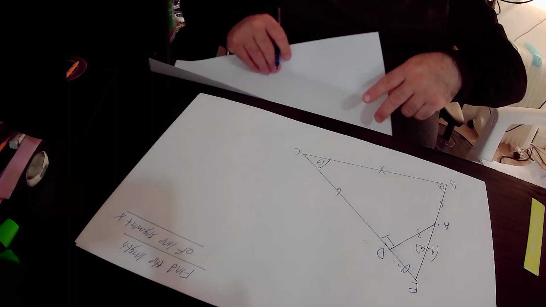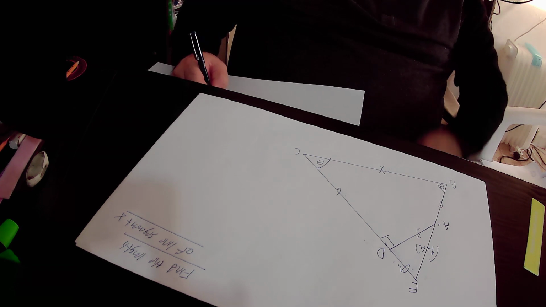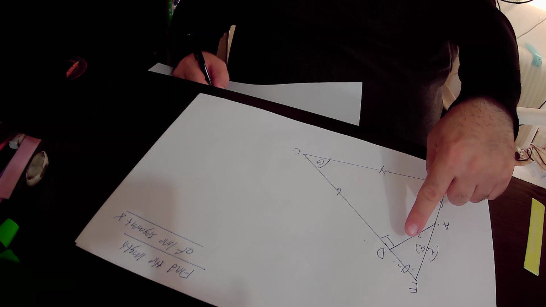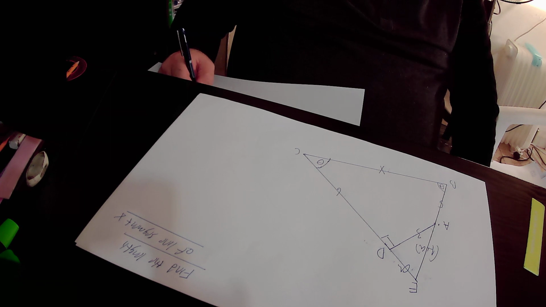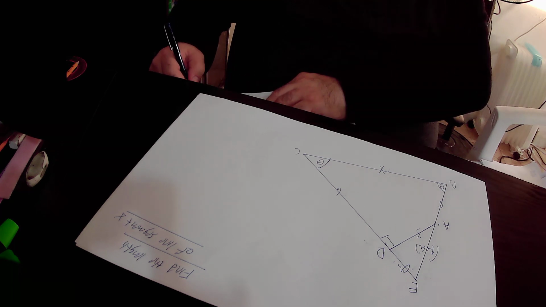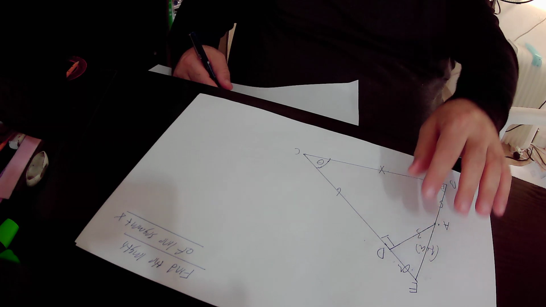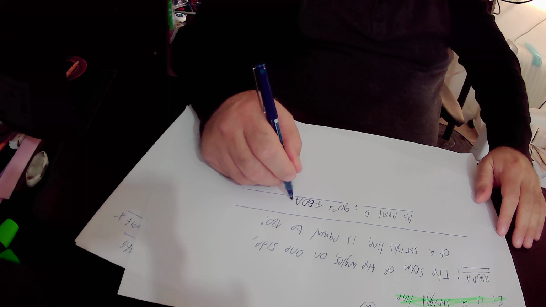We have 90 degrees, and we also have angle EDA. In total, the sum of those two angles must be equal to 180 degrees according to rule number 2.